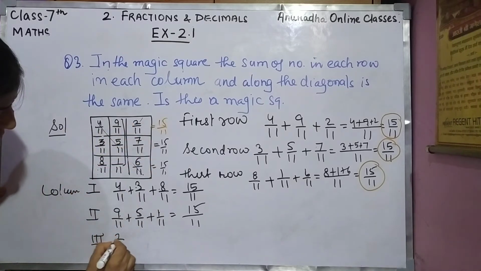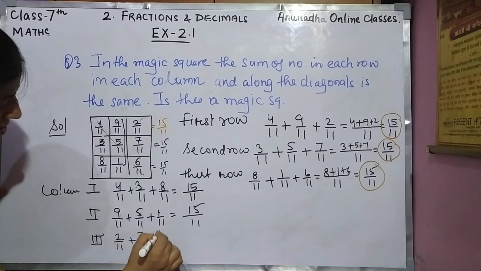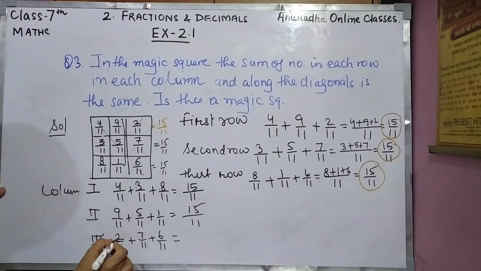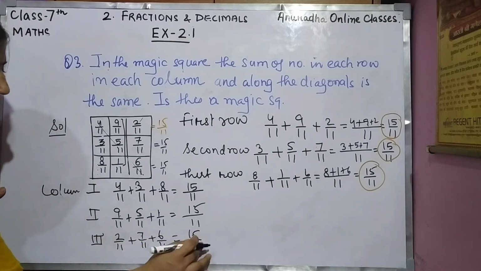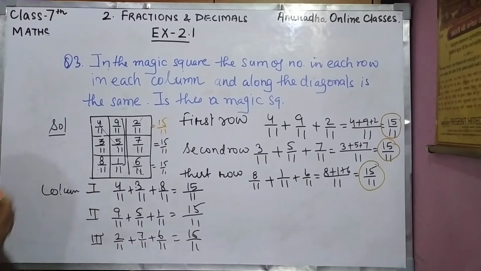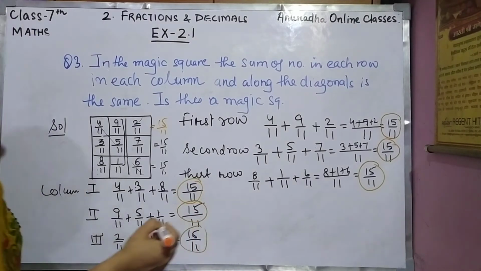This is 2 upon 11 plus 7 upon 11 plus 6 upon 11. So what will you get? 7, 8, 9, 10 and 15. 15 upon 11.